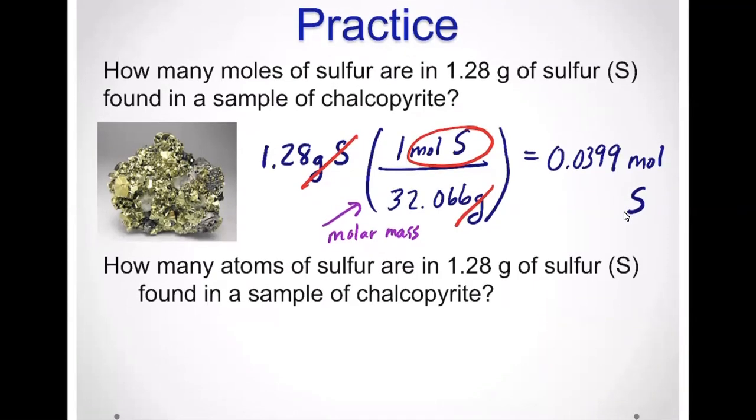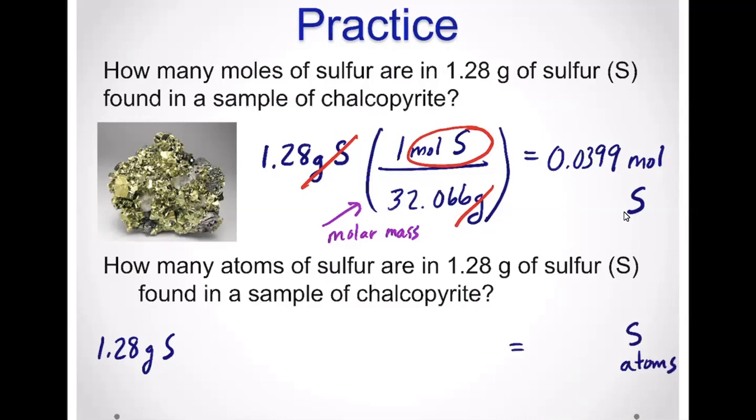Okay, so here's a follow-up question. How many atoms of sulfur are in 1.28 grams of sulfur found in a sample of chalcopyrite? Okay, so let's write down what we have. 1.28 grams of sulfur, and we're trying to get sulfur atoms.